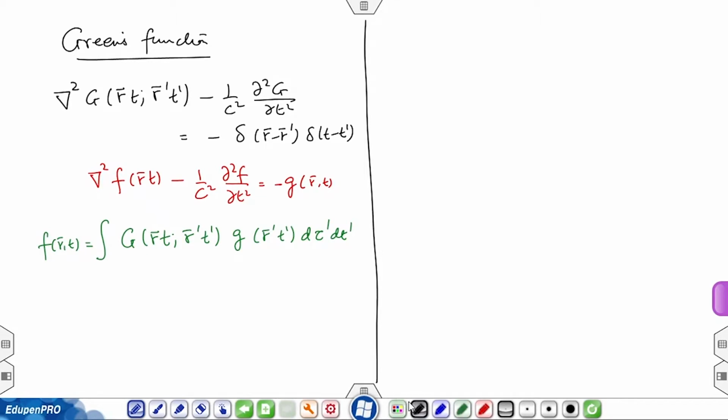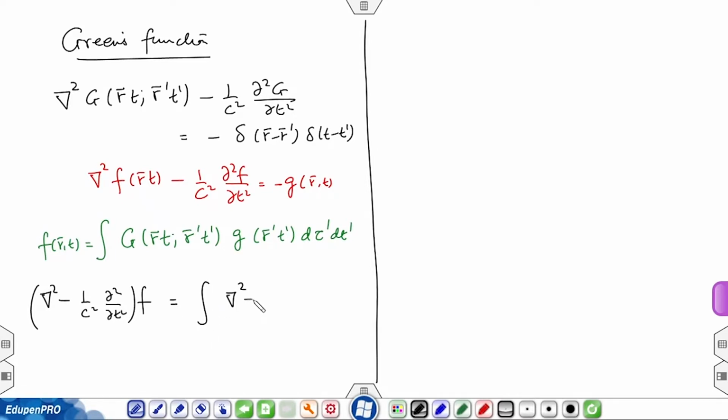To show this, let us apply del square minus 1 over c square d 2 by dt square on f. This on the right side will give me integration.